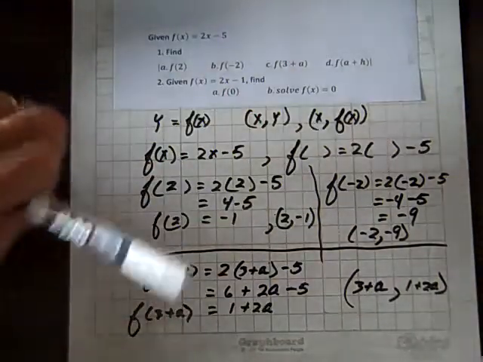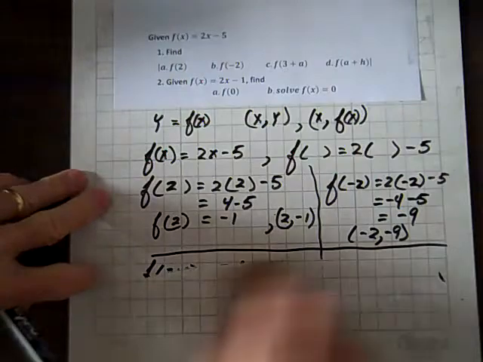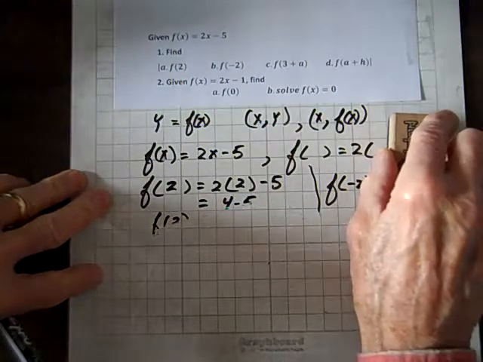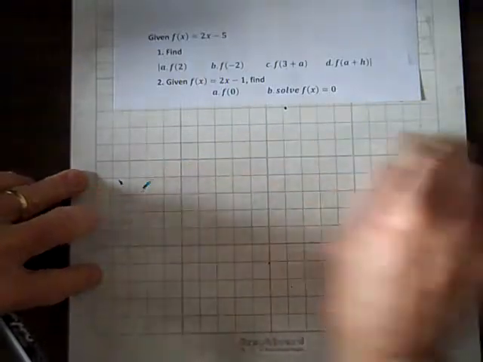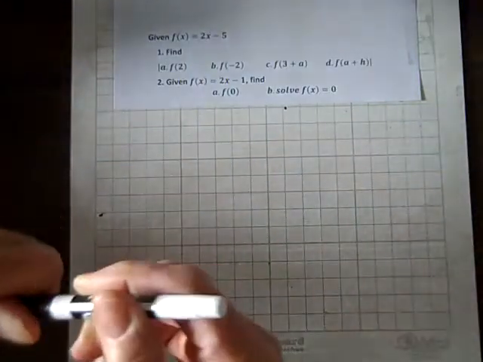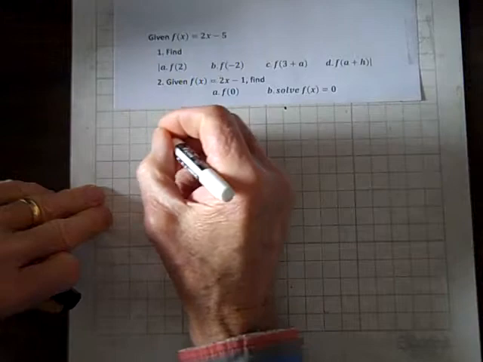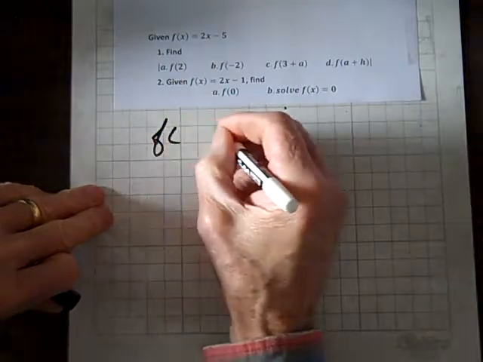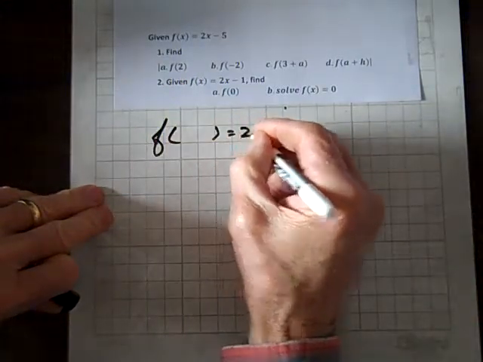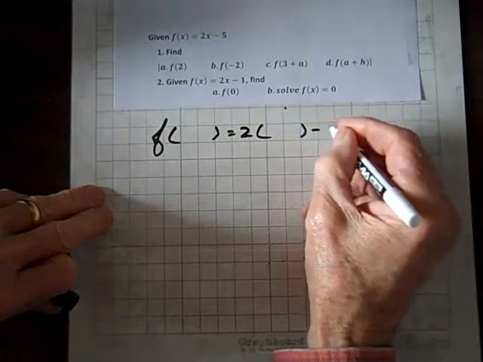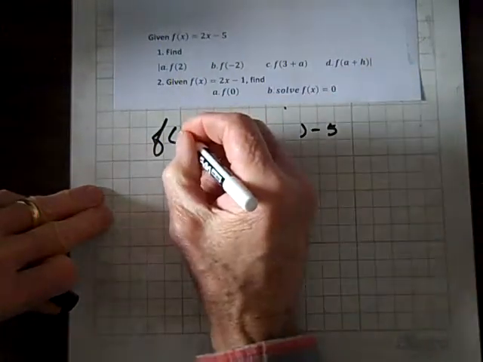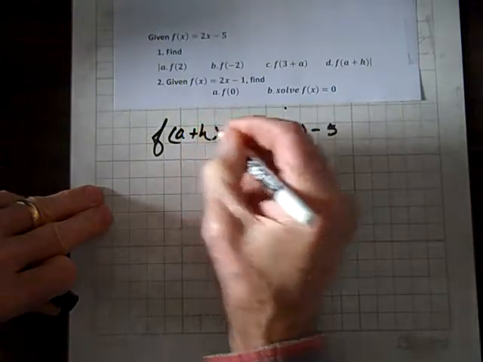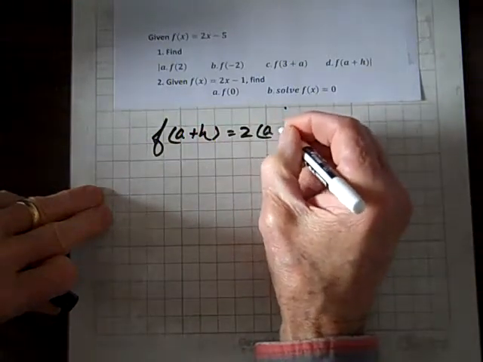So let me erase this, and we'll do some more. And now we have, and again there's our friend, f of whatever equals 2 times whatever minus 5. So let's put an a plus h here. So if we put a plus h there, we have to put it here.